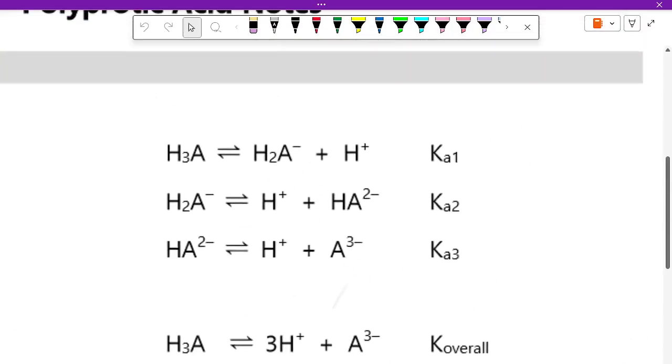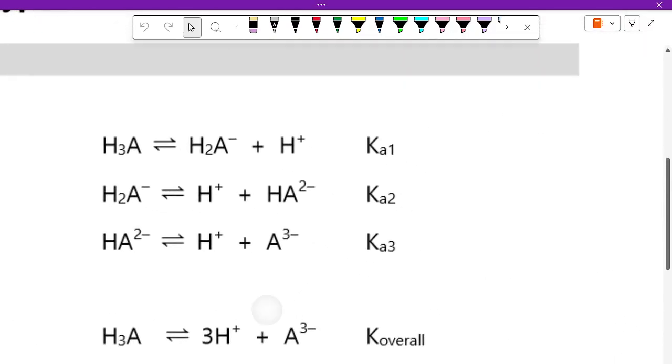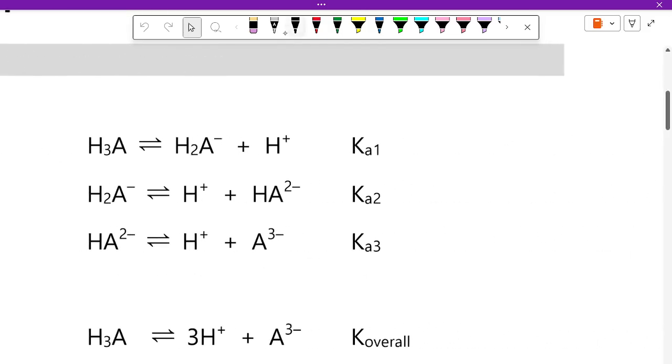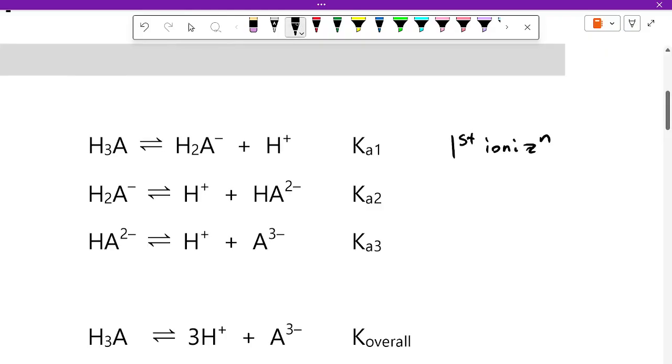Okay, so what we've got here is a triprotic acid, yes? Triprotic acid. And it dissociates, this is the first ionization. This is our second ionization. What page are we on again?